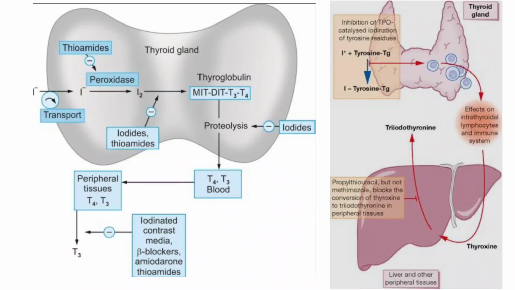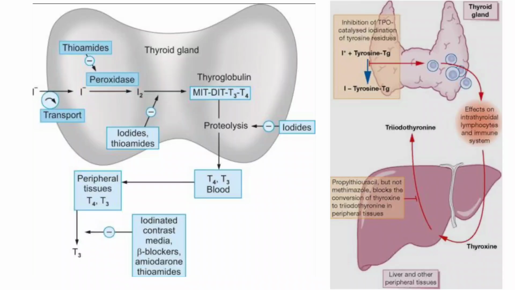So this is the physiology. Inside the thyroid gland, or inside the thyroid follicle, iodine is getting transported, and under the effect of the peroxidase enzyme, the iodide ion I minus is converted to I2, which is the form of iodine that binds to thyroglobulin.